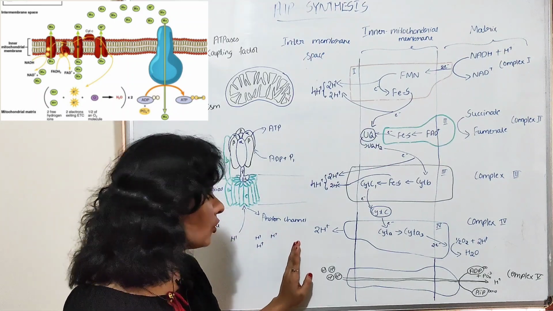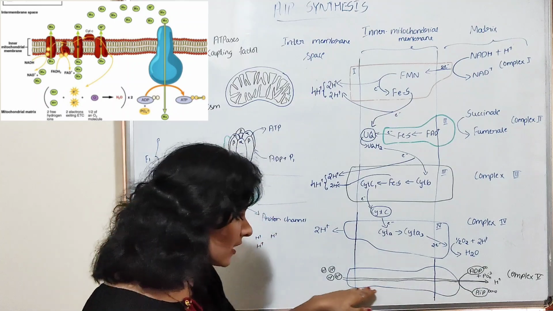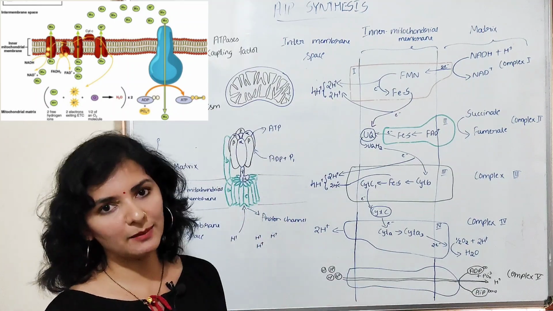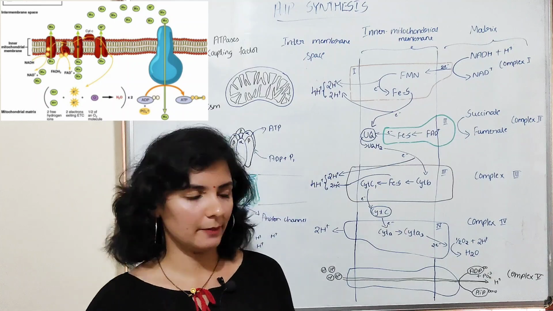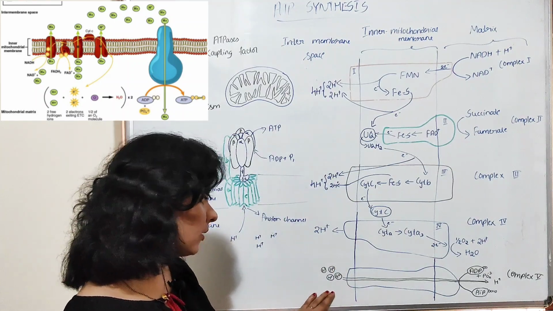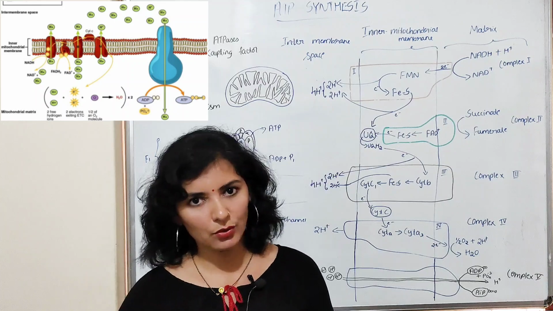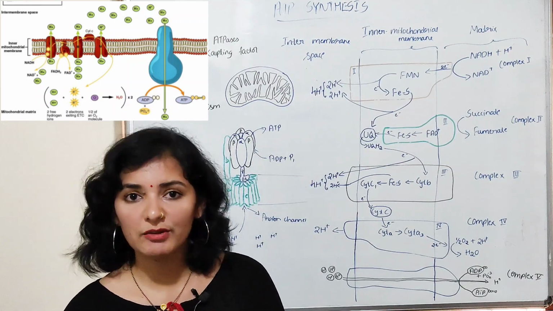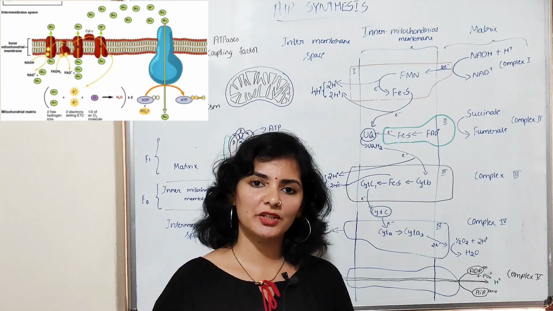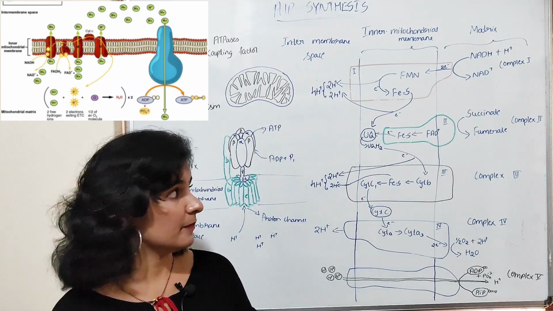When these 10 protons are pumped back from the intermembrane space to the matrix via complex 5 or ATP synthase, it can produce 2.5 ATP, because when 4 protons pass through the proton channel of ATP synthase, it will produce 1 ATP. So 10 protons can produce 2.5 ATP. Anyhow, in some of the textbooks, this 2.5 is rounded up to 3 ATP.